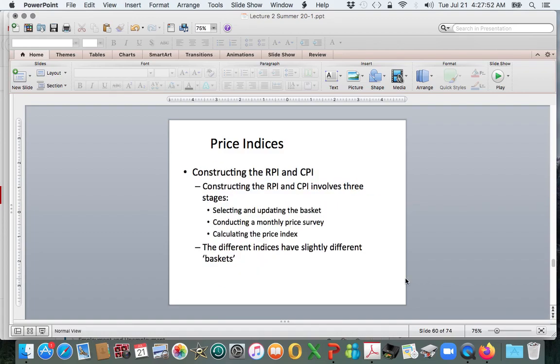So in order to construct this CPI or RPI, we will first need to select and update a basket. We'll need to conduct a monthly price survey, and then we'll have to actually calculate the price index. Now, the two baskets are a little different for calculating the RPI and CPI.